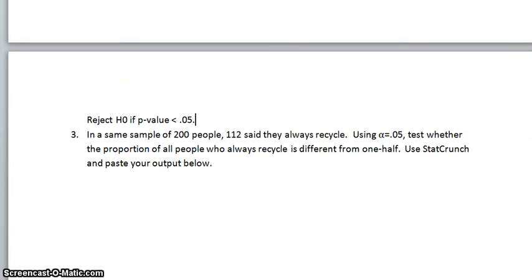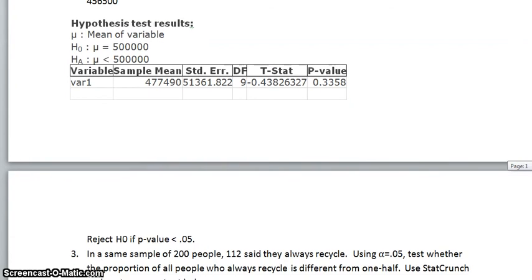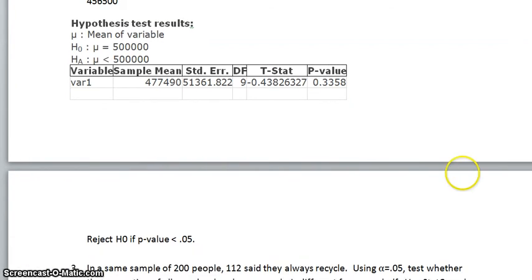And our p-value in this case, 0.3358, is not less than 0.05. Therefore, we fail to reject H0 and say that there is not sufficient evidence to conclude that mu is less than 500,000.